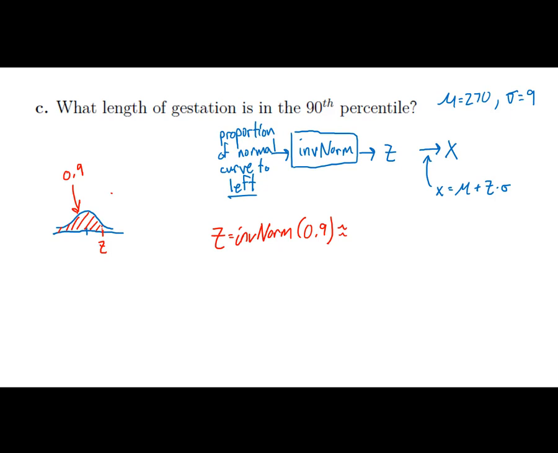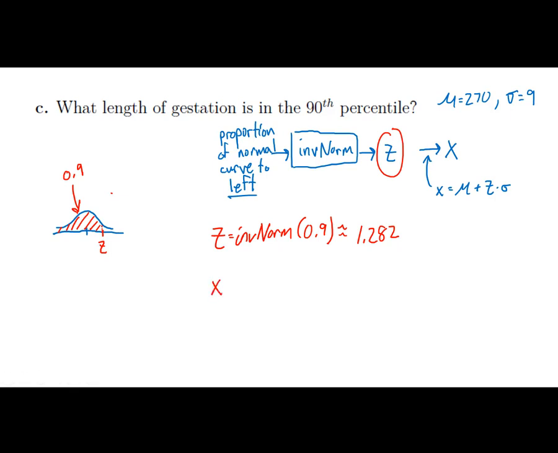So my approximate answer for the z-score is 1.282. That tells me where I'm at on the curve along the axis that shows my z-scores, but it doesn't give me the answer to the question. But that's what this formula is for. So now I've got the z, so I apply this formula to get the actual gestation length.